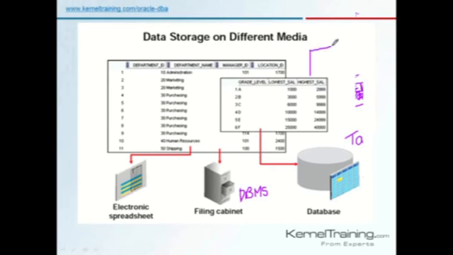We just store the information in two or three tables. Suppose employee information I'll store in one table. Then department information, like in which department he is working, what his department ID is, and in which location the department is, I'll store in another table.